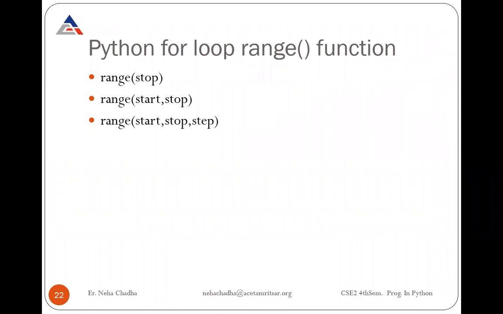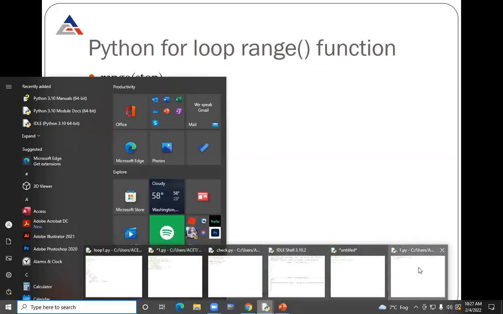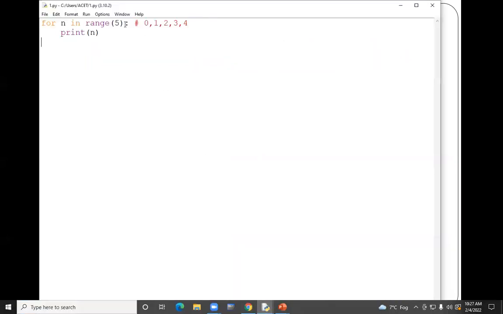Now, when you are going to use your range function with 2 parameters, start and stop, let's work over ideally how it will work. I will give the range starting from 5 and going up till 10. In this case, your stop again will work as stop minus 1.